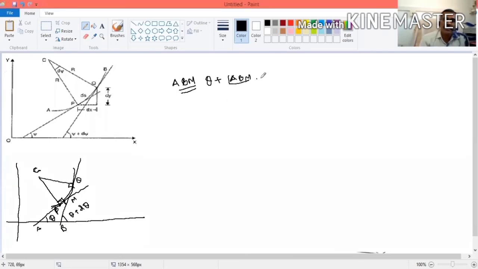And plus this angle, which is 180 minus theta plus d theta, that is theta minus d theta. How much is the sum? It is 180 degrees. Am I right? The angle theta plus this angle plus theta plus this angle is 180 degrees.